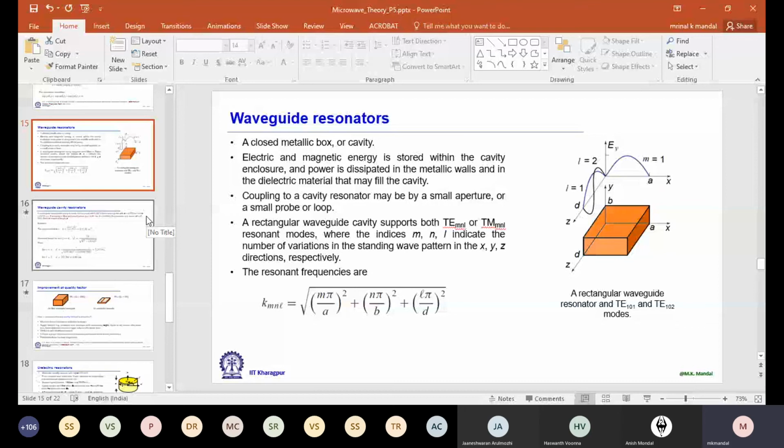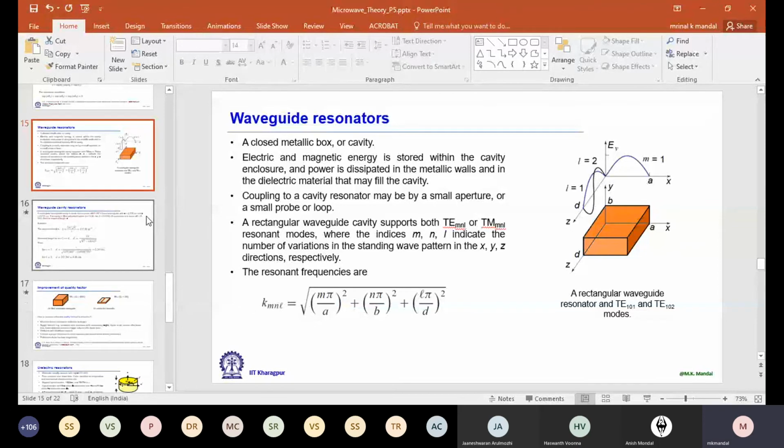If it is air inside, most of the energy will come out in the form of radiation. So that's why we can't use an open circuited waveguide, particularly an air filled waveguide. So this point you can note down.